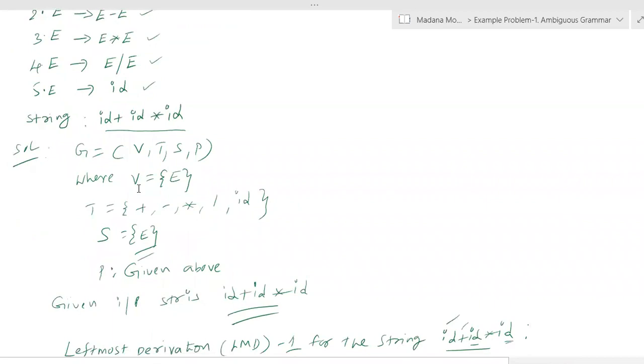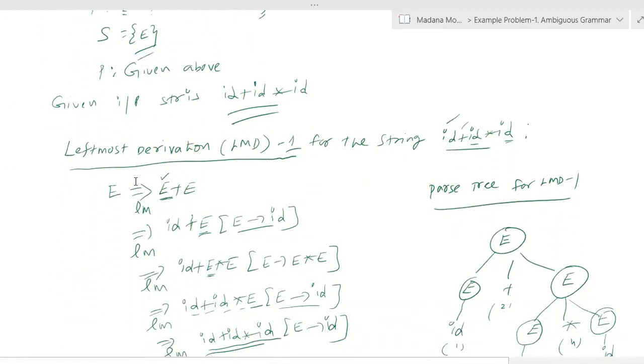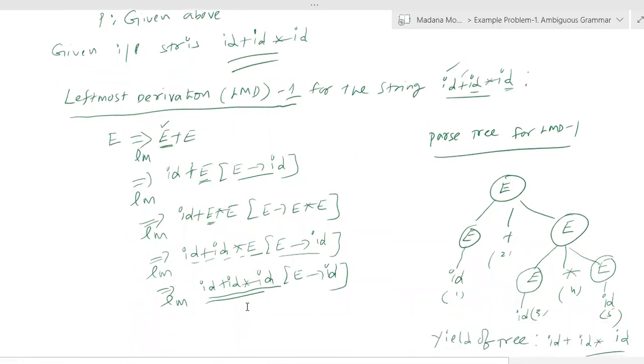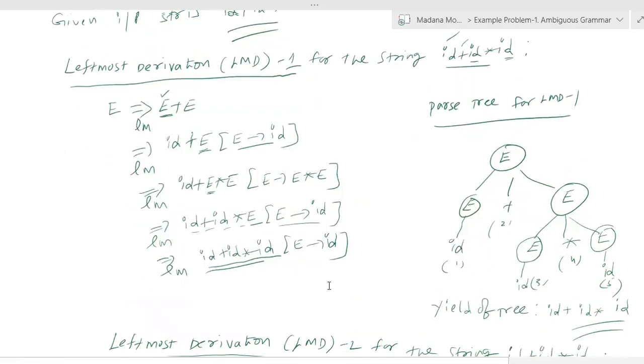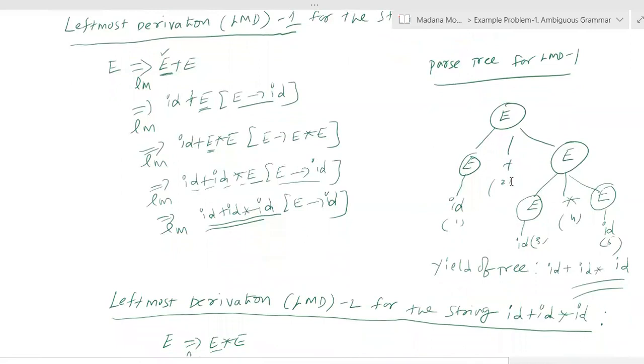If this condition is satisfied by a given context-free grammar for the string, then we can say the grammar is ambiguous. So here first we constructed the leftmost derivation for the string ID plus ID into ID by taking the starting production as E derives E plus E. Finally we derived ID plus ID into ID. Then its corresponding parse tree is also constructed here.